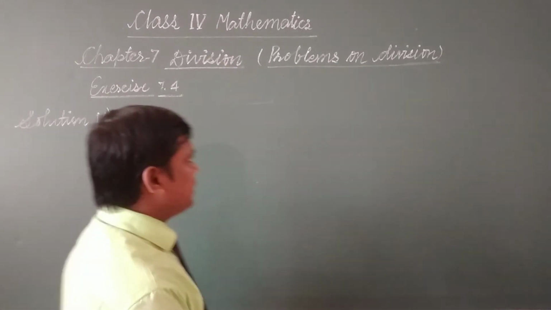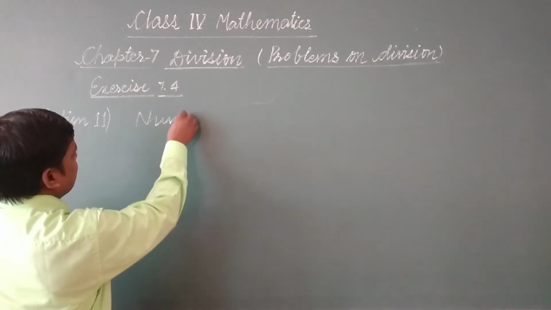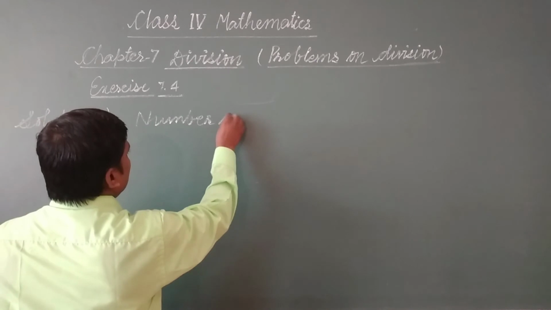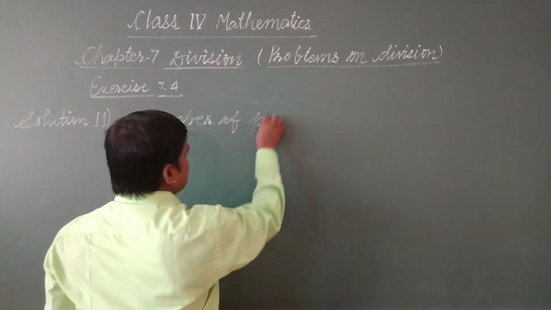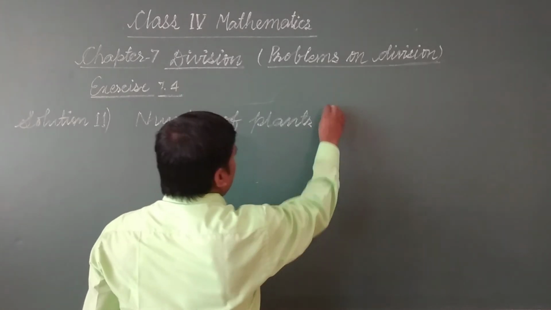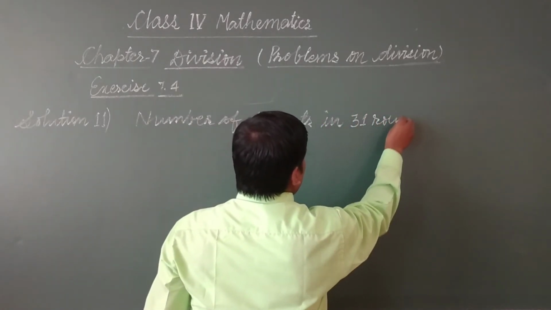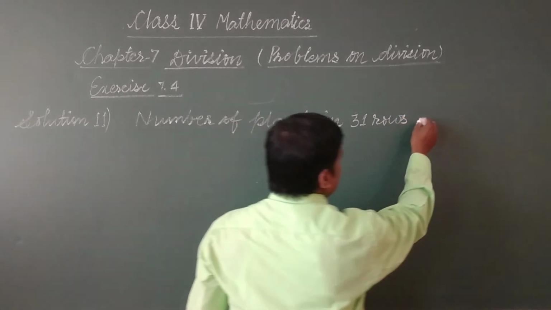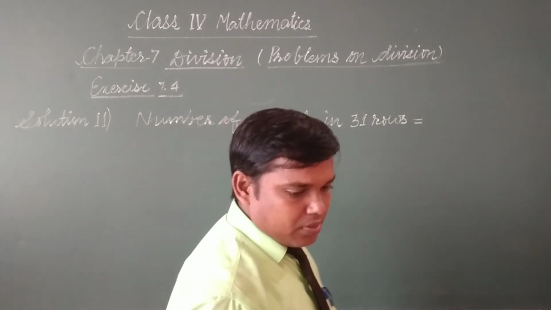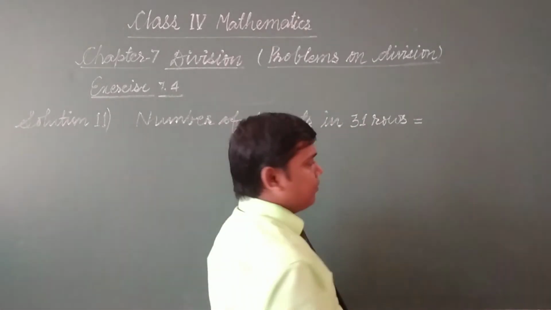So we write number of plants in 31 rows is equal to 16,275.